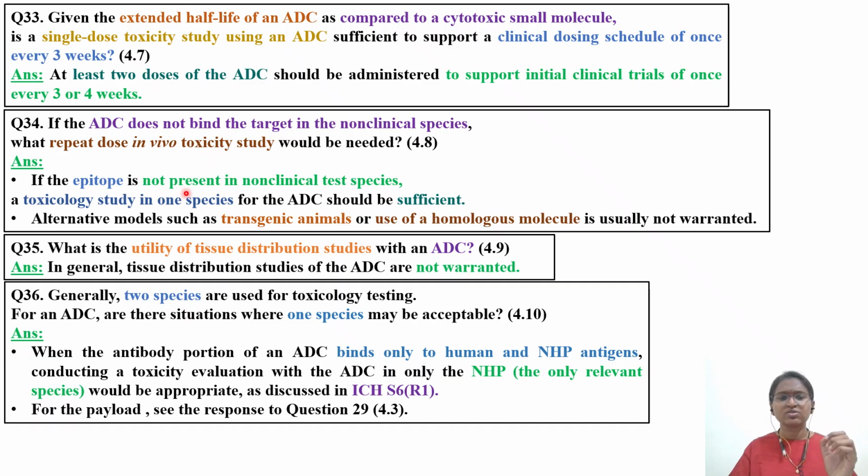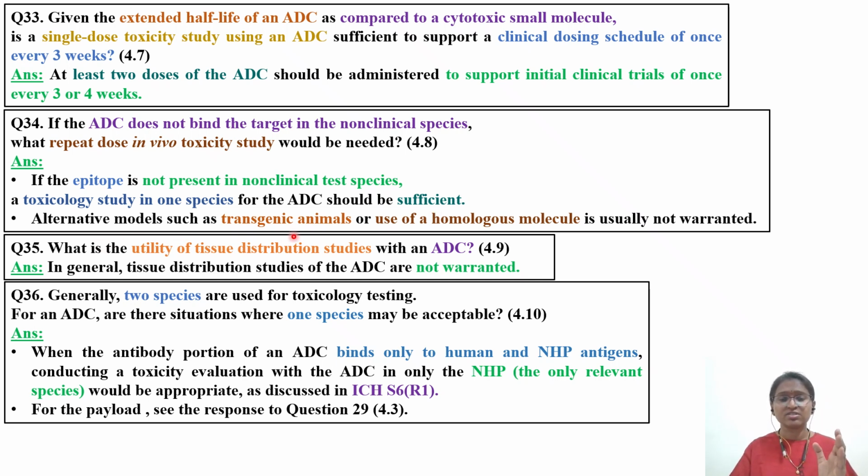If the epitope is not present in the non-clinical tested species, for example, it is not there in rat or rabbit or monkey or dog, a toxicology study in one species for the ADC should be sufficient. If out of all of these, mice, rat, rabbit, dog, monkey, it is at least there in the dog, in one species it is enough. That is what the ICH agency is saying.